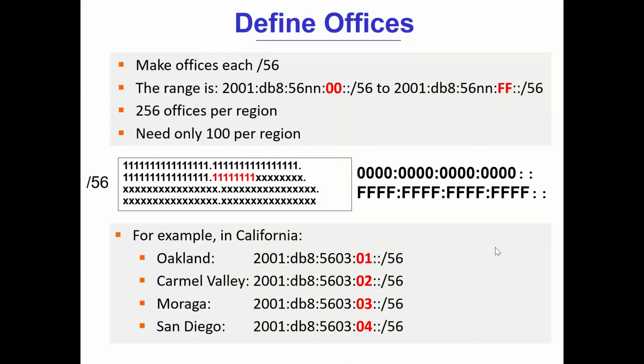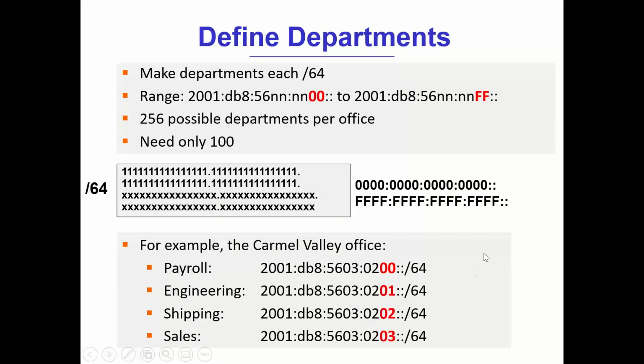For example, let me take California, something I'm familiar with. Of course, you could take Hyderabad, Bangalore, or whatever. Pick your region of choice. I just start numbering: Oakland, 00, Carmel Valley, 01, and so on. For me, this little exercise is just to get started. Get started doing something, and if you have to redo it, great. But start your thinking. I'm just walking you through that thinking.